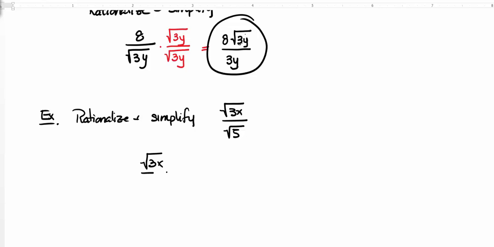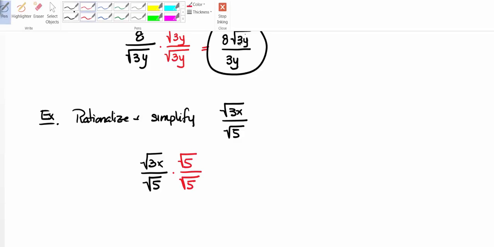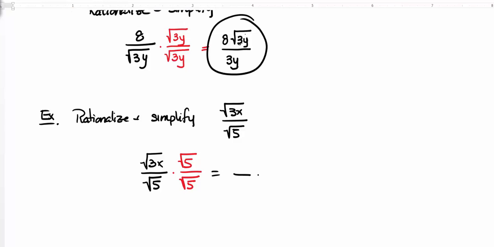So now I have the radical in both the numerator and the denominator, but the only thing I need to worry about is the radical in the denominator, so I multiply the top and the bottom by the square root of 5, so I get 5 on the bottom, because it can come out. Then I have the square root of 3x times the square root of 5. Now since everything is underneath the radical, it's just going to give me the square root of 15x over 5.